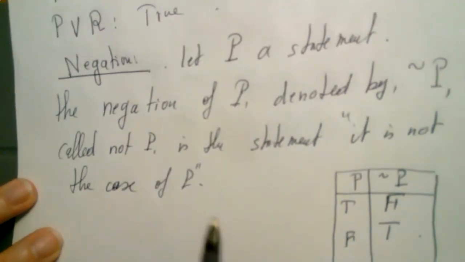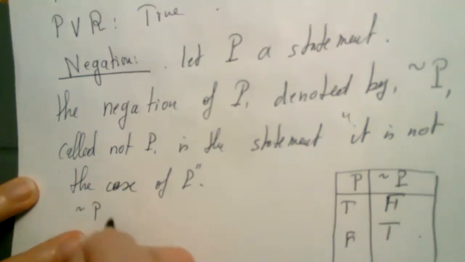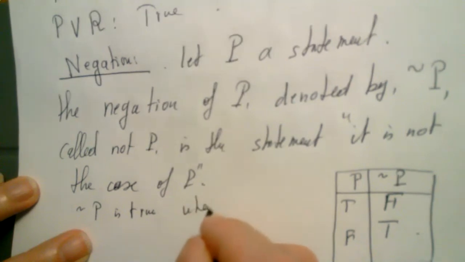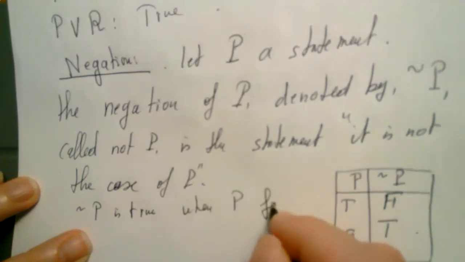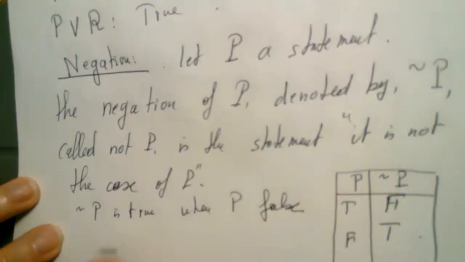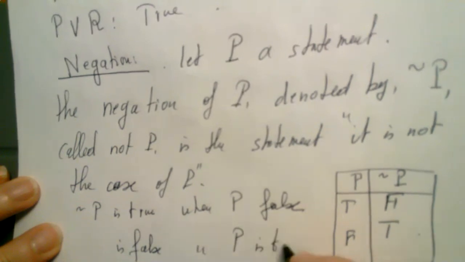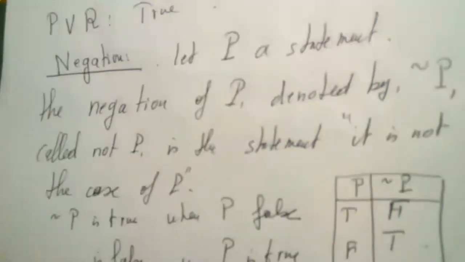Okay, so not P is true when P is false. That's really what characterizes it: it is true when P is false, and it's false when P is true. So that is how to negate a simple sentence. That's the very simple example.